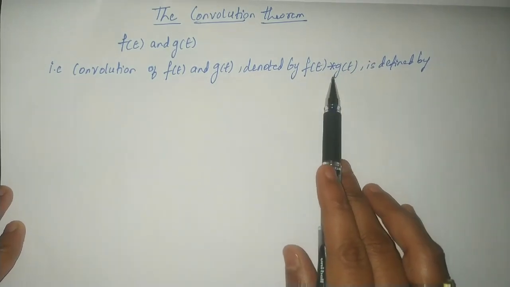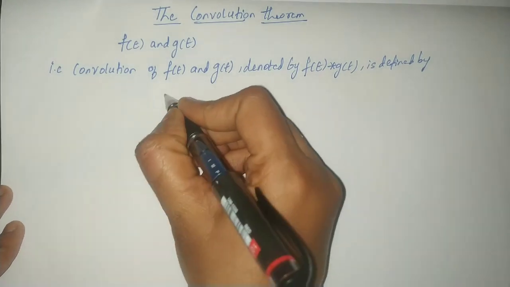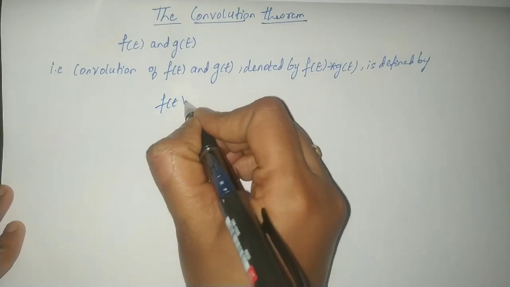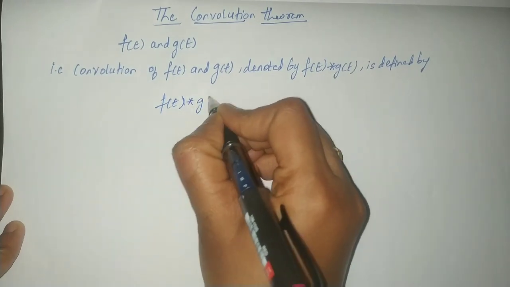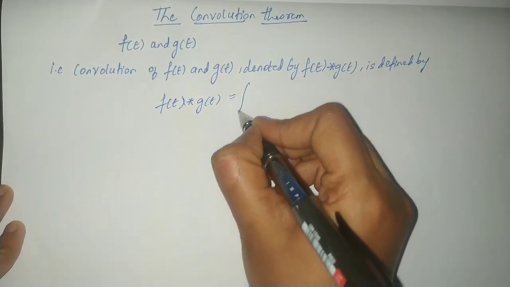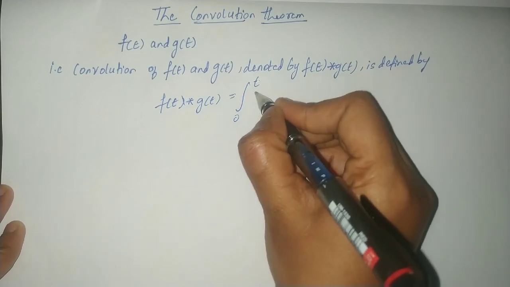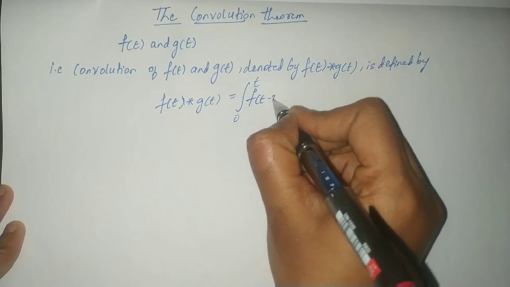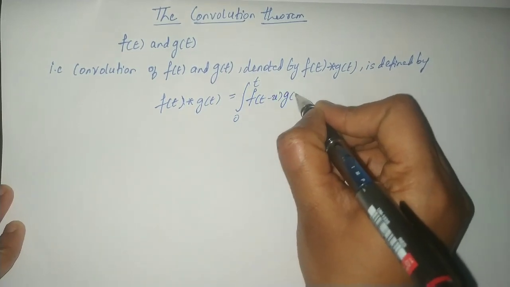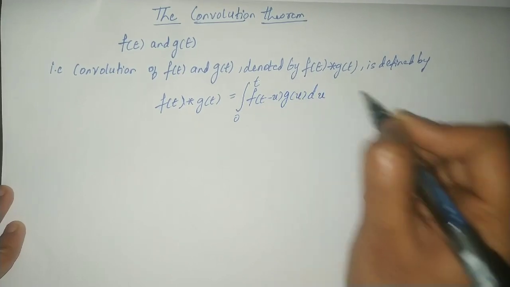That means product of two functions. And how is it defined? F of t star g of t will be equal to integral 0 to t f of t minus u g of u du.